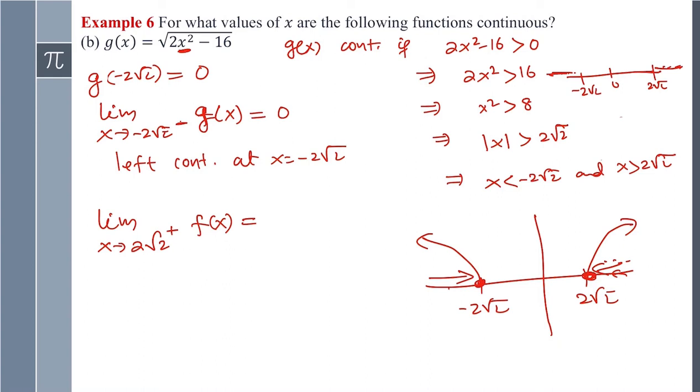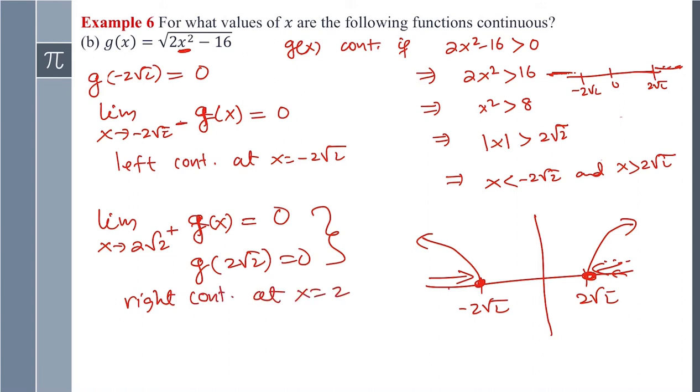That means we can do direct substitution, and that gives us again 0. And the value of the function at 2 square root of 2 is also 0. So, sorry, it's g of x, okay, not f of x. So g of 2 square root of 2 is also 0. So this says that it is right continuous at x equals 2 square root of 2.